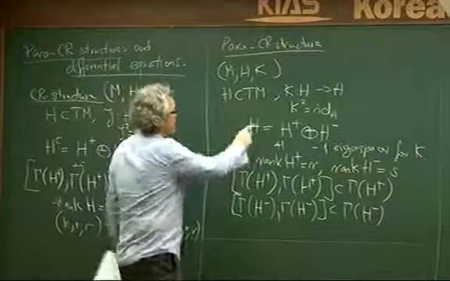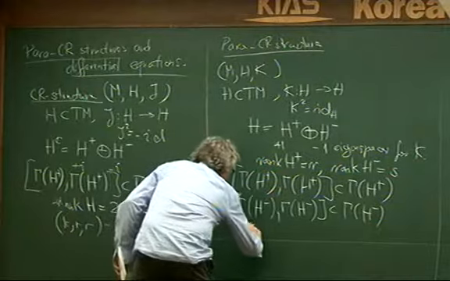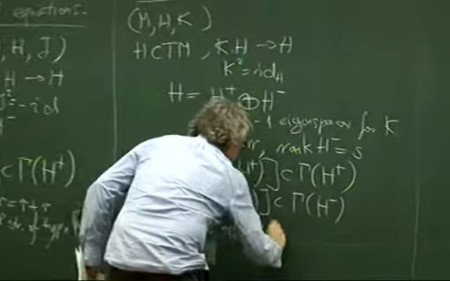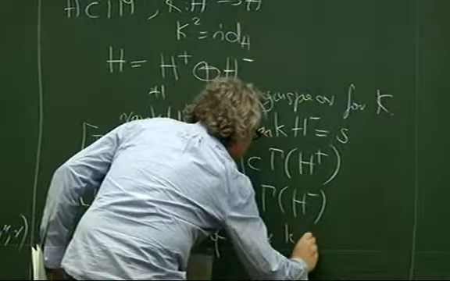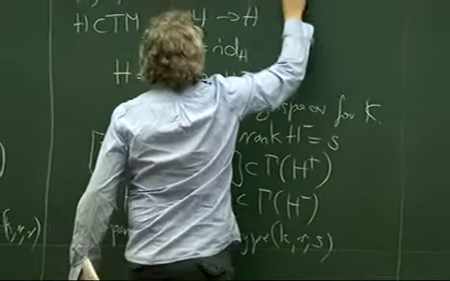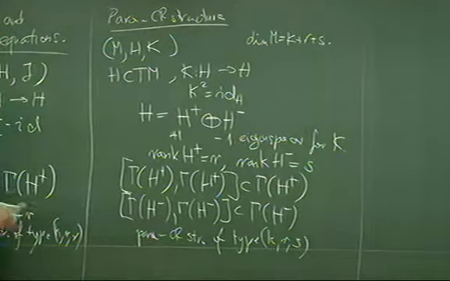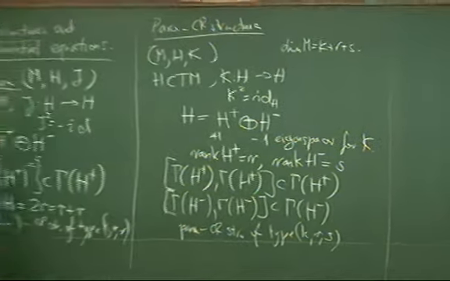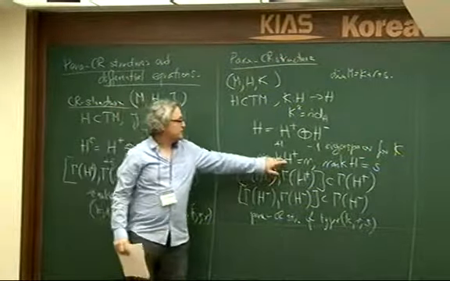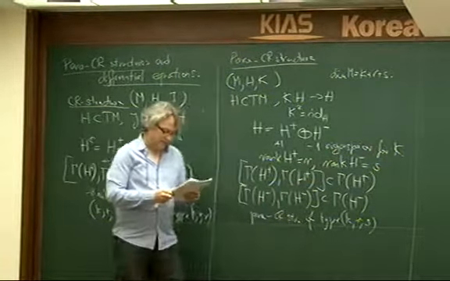And now such thing I will call para-CR structure of type k, r, s, where the dimension of M is k plus r plus s. Okay? So this k here is called codimension, likewise here. And there are these two spaces, H plus and H minus, with respective dimensions r and s.